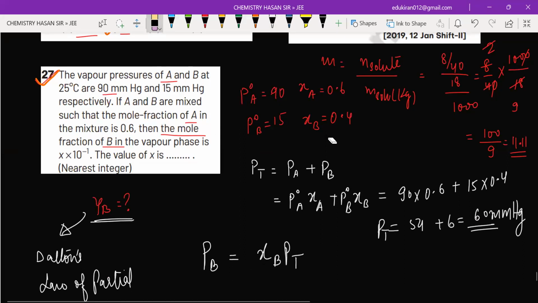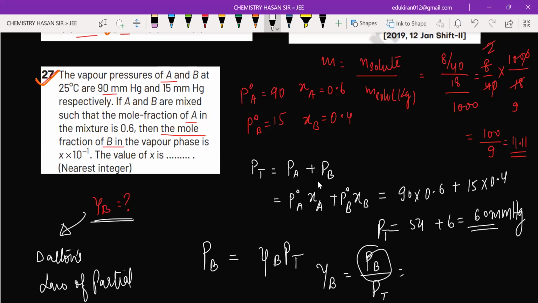Since I have represented the mole fraction in vapor with Y, I'm going to denote it by YB, which is equal to partial pressure of B upon total pressure PT. Partial pressure of B is basically P naught B chi B upon total pressure PT.